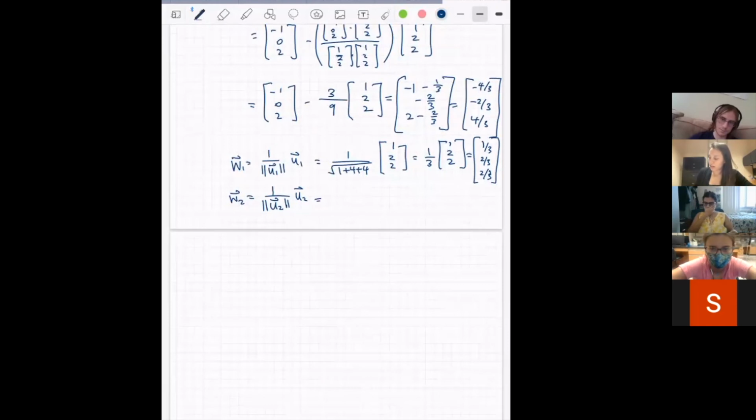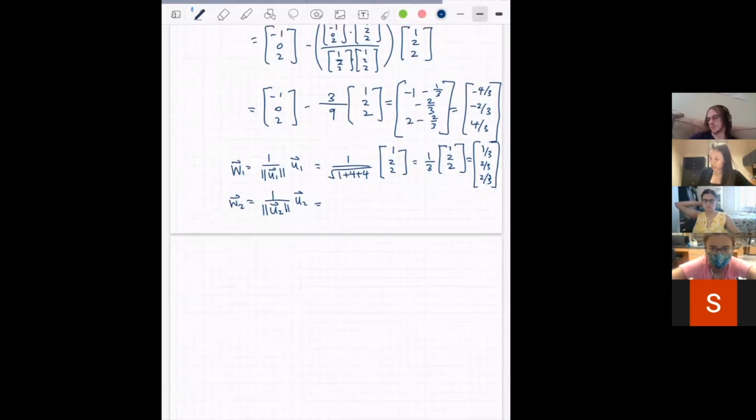And then we want to find the norm of U2. So that is going to be where we take each of the entries and square them. And take the square root. And then we multiply by the vector.